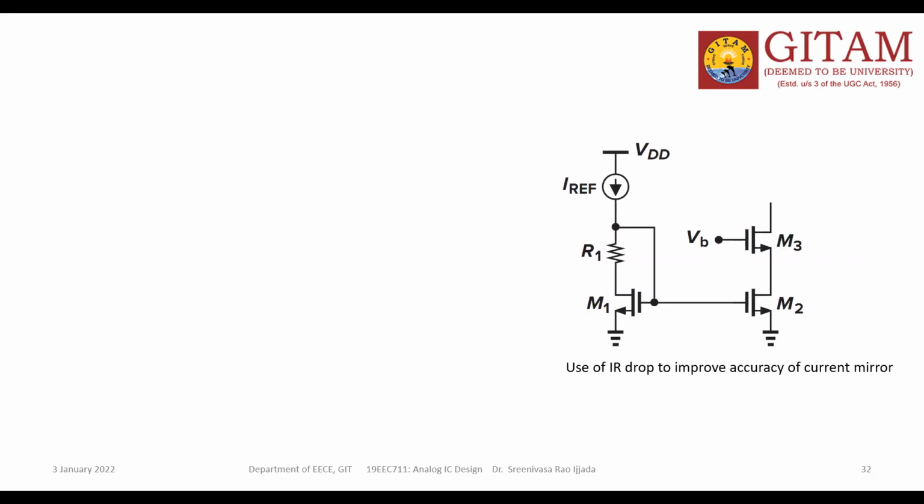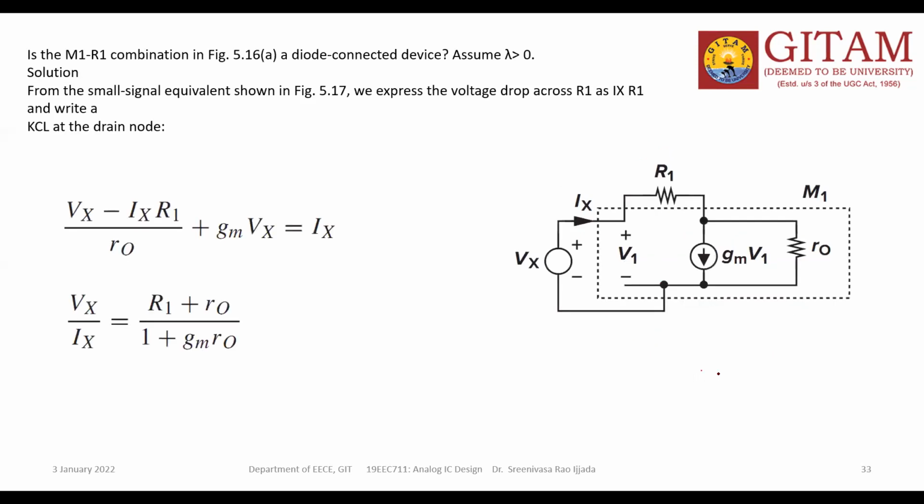So I am talking about only the M1 R1 configuration. Draw the equivalent circuit of only this part. This is my small signal equivalent circuit of the M1 device including R1. This is the source.